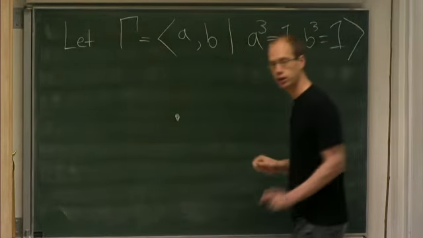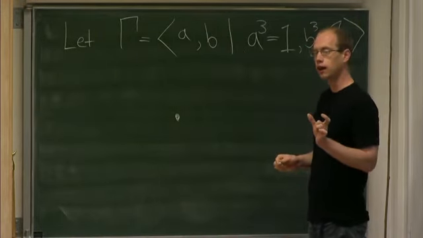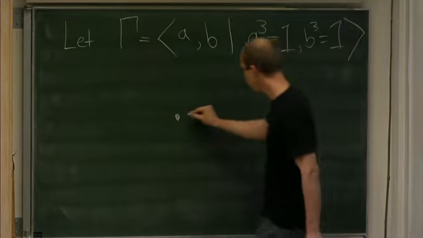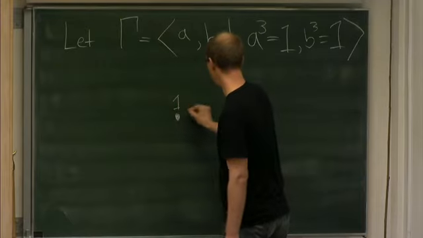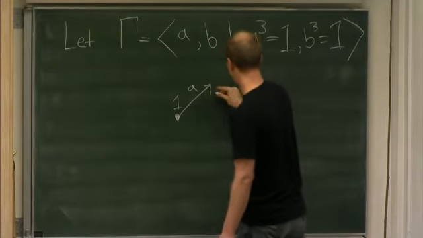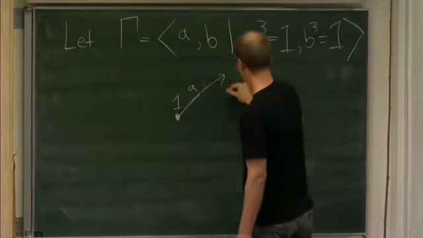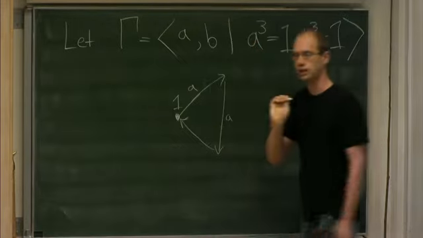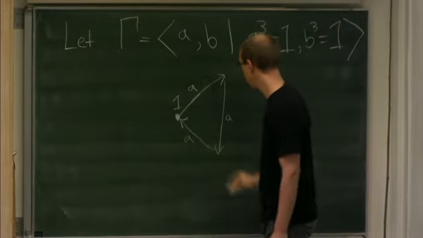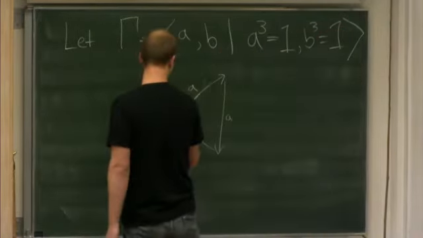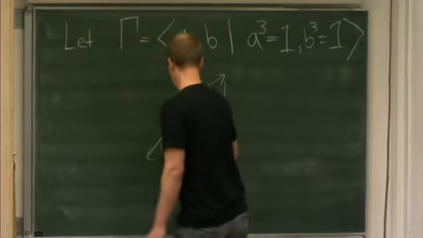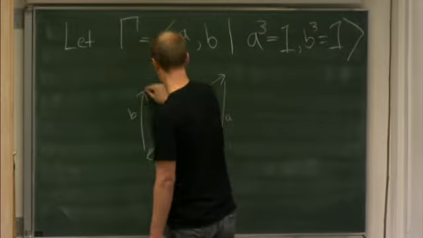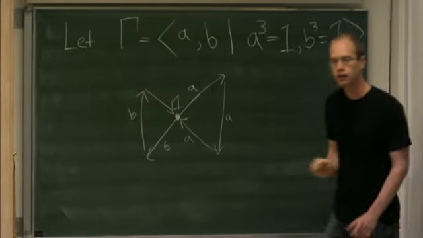So there are these 2 generators, A and B, whose third power is the identity. If this is the identity in the group, I can start, and I have A and A again, and then I'm back to the identity if I keep following A. Similarly, I can follow B, and then I'm back to the identity.